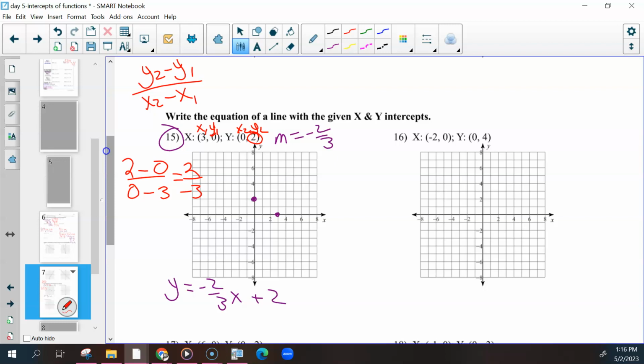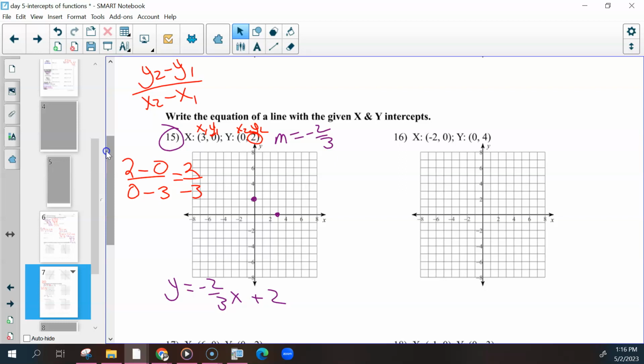Other questions on this page? If not, for the remainder of class, you're going to be working on the following. You can go back and practice problems that we didn't go over so that you're good with intercepts. You can go back and do Khan Academy from Unit 8 if you've not done those.